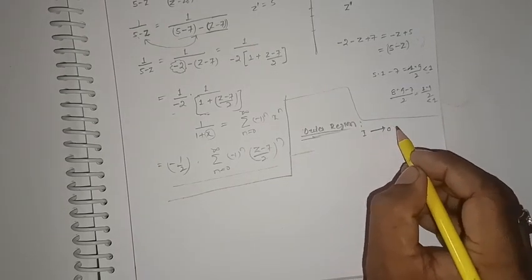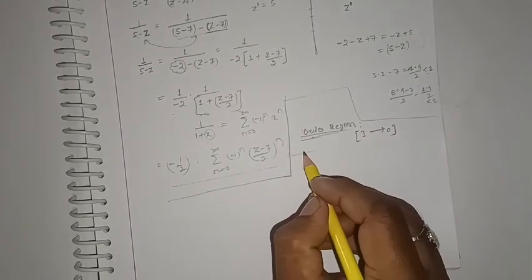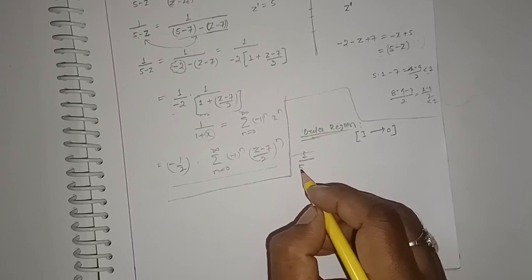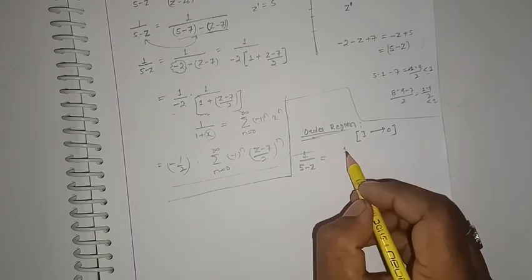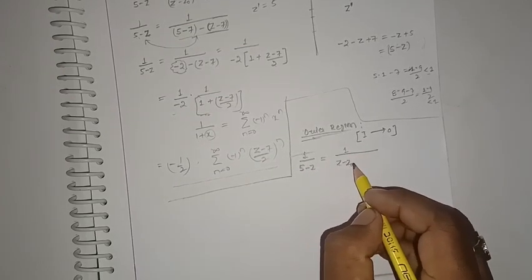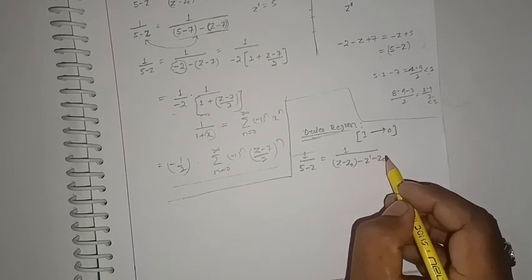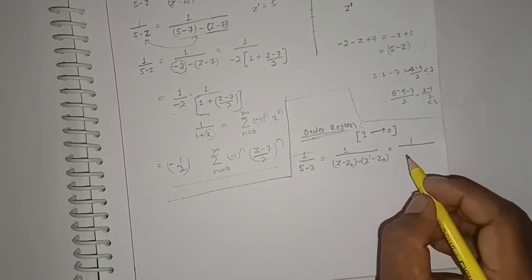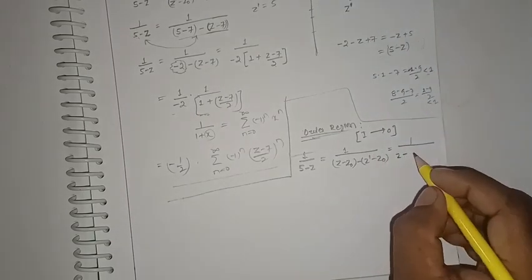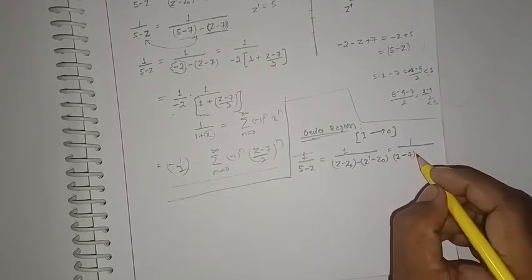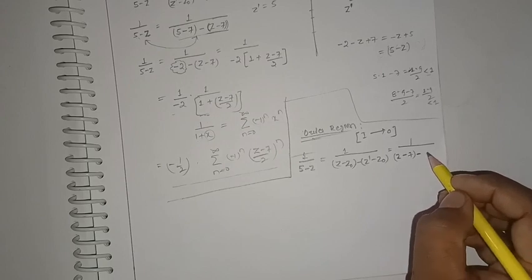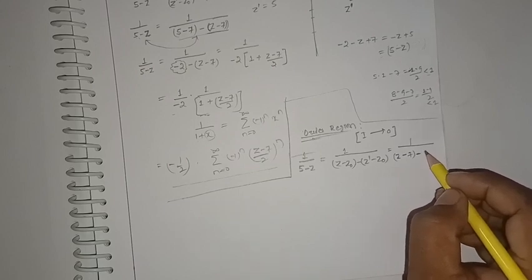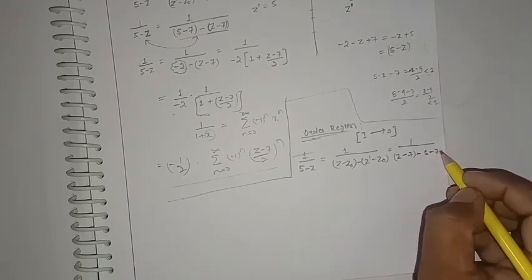In to out situation means 1 by 5 minus z will be written in this form as z minus z0 minus z dash minus z0, right? So 1 by z minus z0 is given as 7 minus z dash, which is your 5, minus z0, which is your 7.